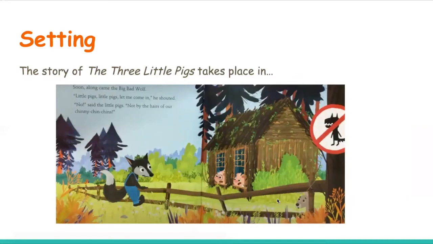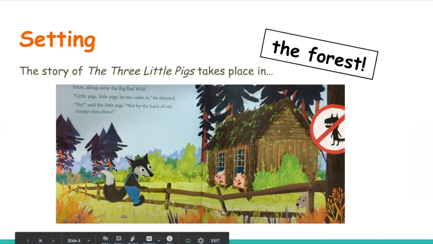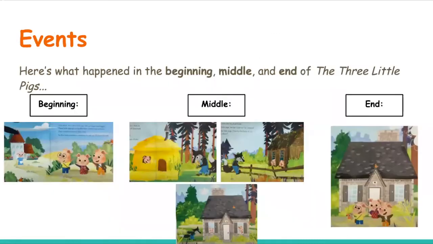So I would guess that the story takes place in the forest or the woods. Do you agree? I think that because of all the trees, and even in the background you can see there's a lot of trees, that they're in the forest. So that's where the Three Little Pigs takes place.